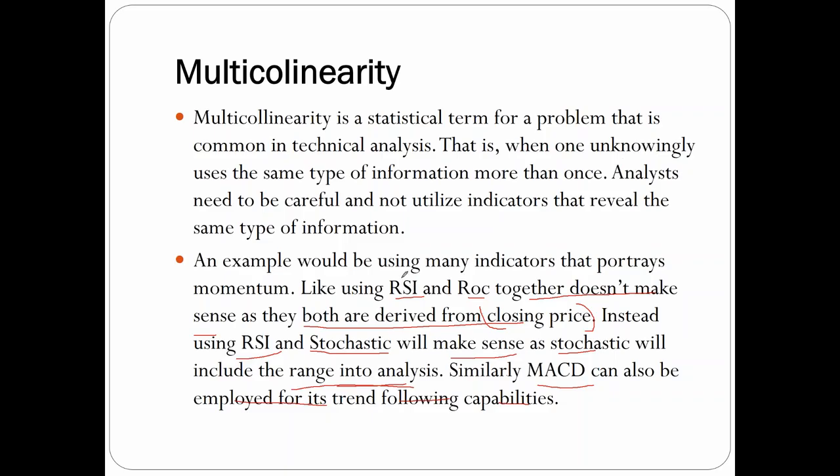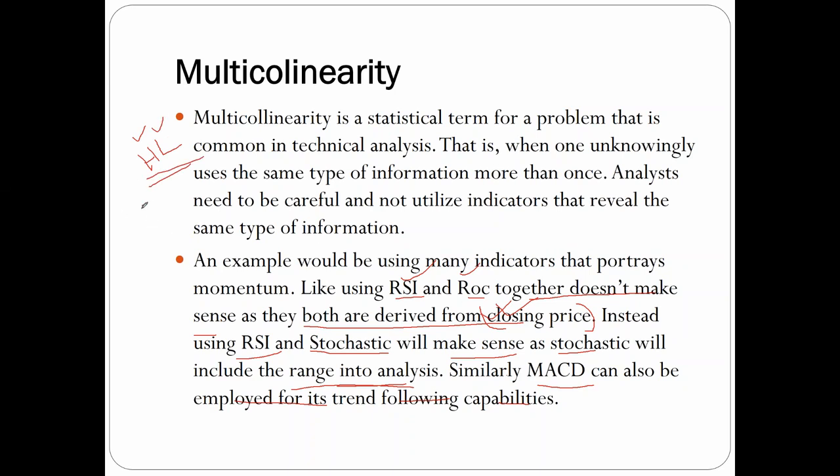When you are using RSI and ROC, it won't help you because the calculation includes the closing price. On the other hand, stochastic includes the range of the price, that is, the high and the low.